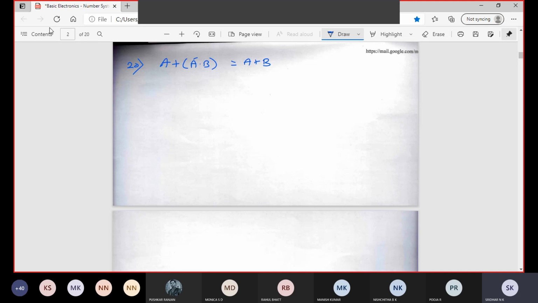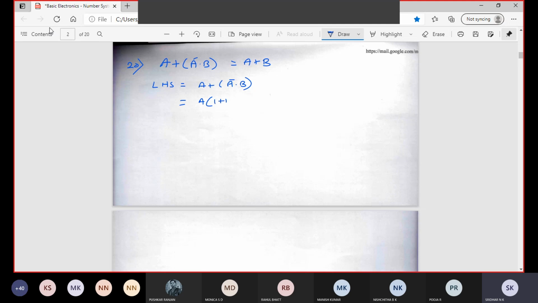So we'll prove that. What is LHS? A plus A bar dot B. This is LHS, correct? A and A bar, no need to associate. Only B we have to associate with this single variable.